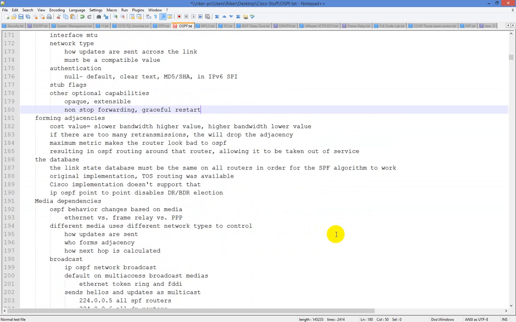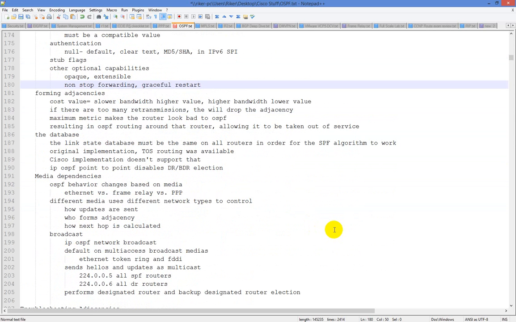So when we get into media dependencies, OSPF behavior changes based on the media type. So Ethernet versus Frame Relay versus PPP. Ethernet and Frame Relay both default to a broadcast-type network configuration. Ethernet is broadcast, Frame Relay uses NBMA. The NBMA and broadcast are the same type of network media type.